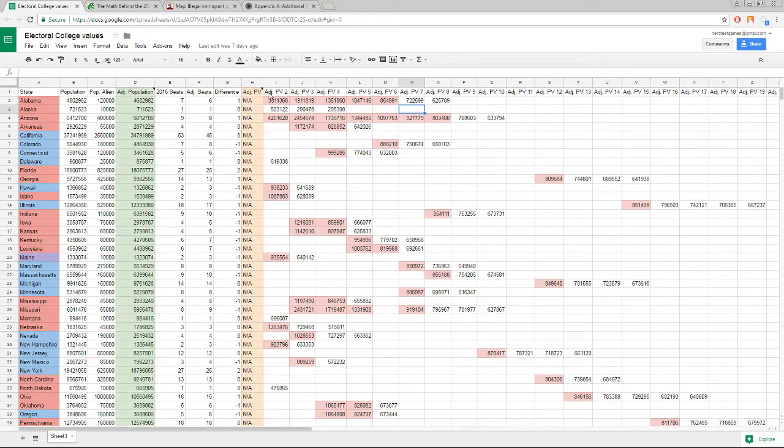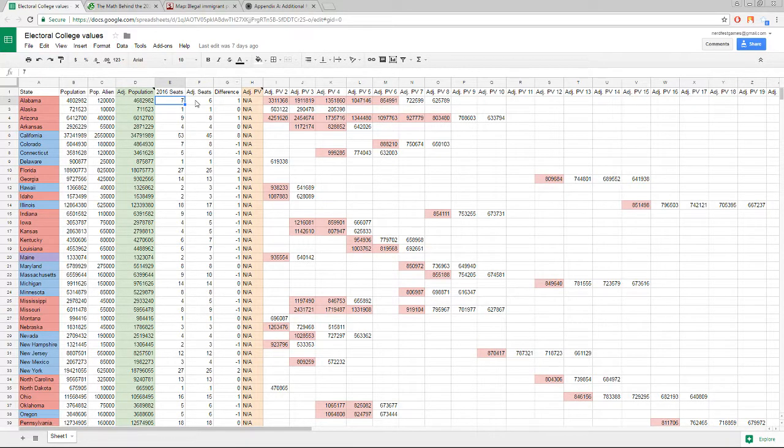Up here where it says adjusted PV2, that's the adjusted priority value for seat number 2 of the state. Now if you look at column E here, say for Alabama, it had 7 seats last year, plus the 2 for the senators, so they had 9 electoral votes.